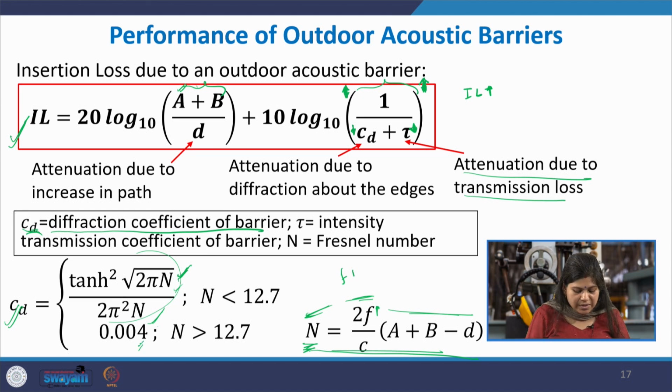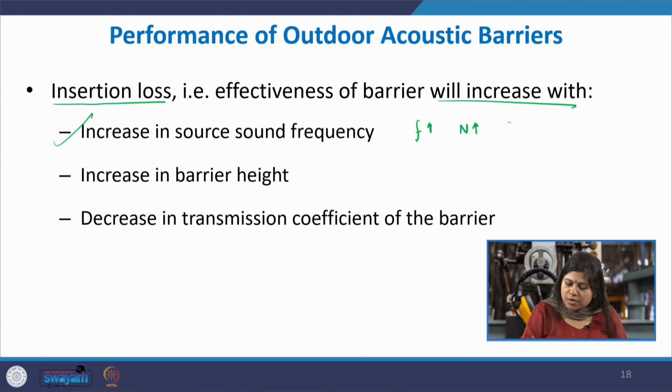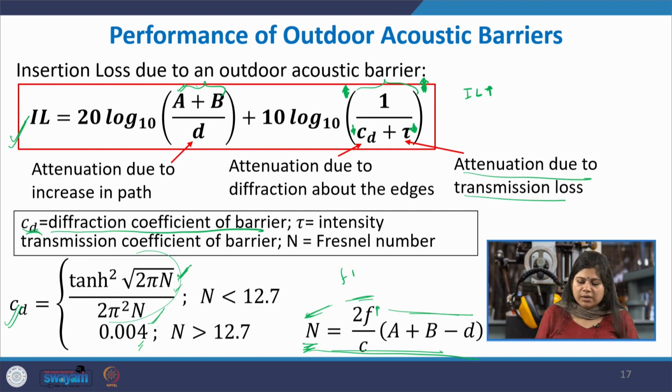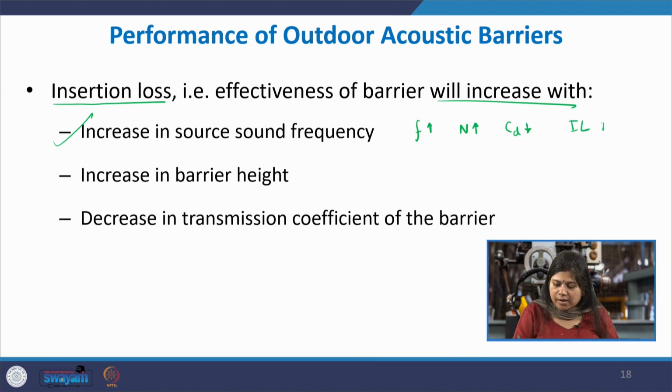So, the CD overall goes down, and when the CD goes down, this second term increases in value. So, the overall IL increases.